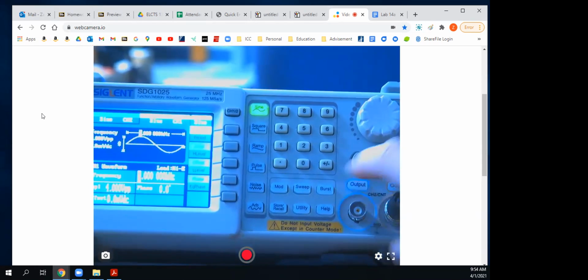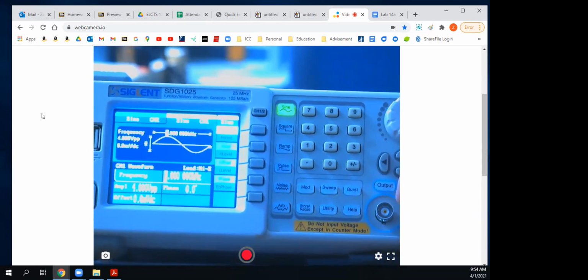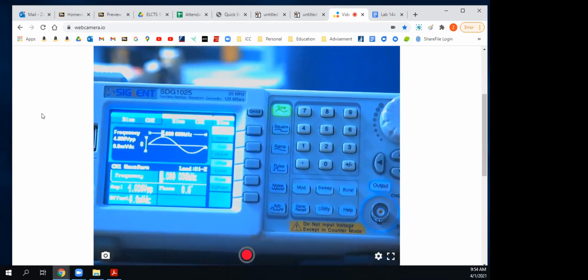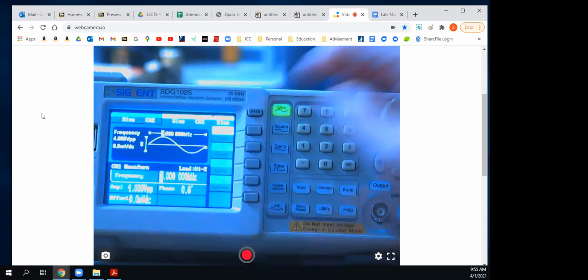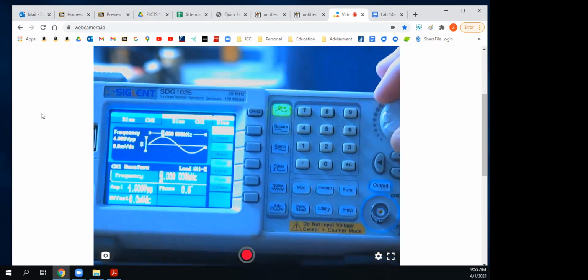I unplugged channel 2 because I'm not using it. I don't want to get confused. And I'm at 4 volts peak to peak. Oh, no, I'm not. Wait a minute.